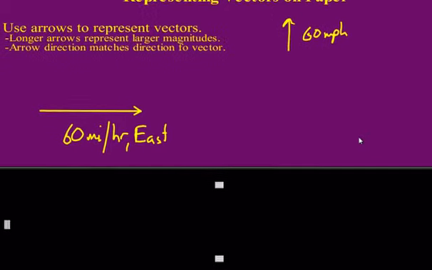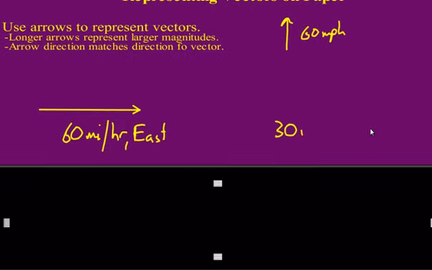This velocity would be 30 miles per hour west. How would that arrow representing 30 miles per hour west look different? Well, it's not too difficult. You're going to point it the other way, and you're going to have it be half the size.